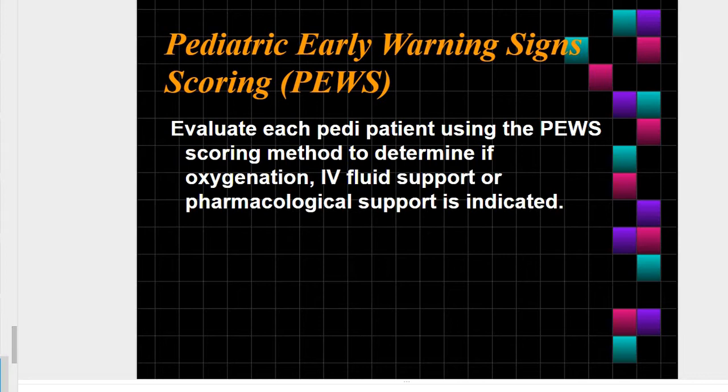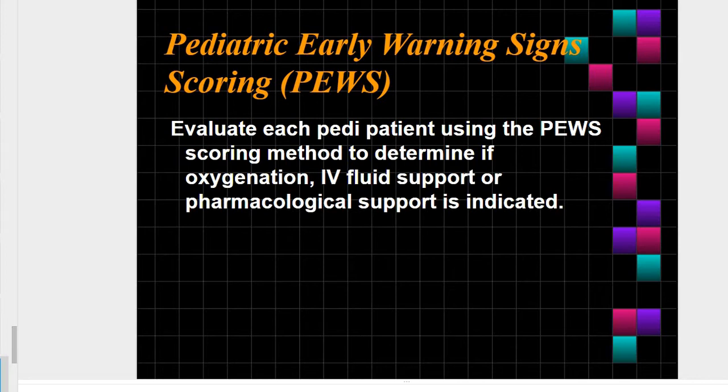We mentioned earlier the assessment of the sick kid. Kid looks sick. The scoring is known as PEWS, Pediatric Early Warning Sign Scoring, and research seems to indicate this is a very helpful tool for healthcare providers to help determine sick, not sick. Just how sick are they? Do I need to do something?